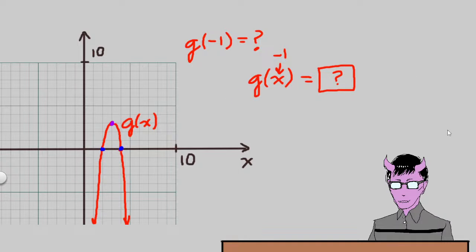Well, here is another side of the situation. If I had instead asked you, what is g of positive 2, this question is actually very easy as long as you know how to read your graph. So if I'm asking you, what is the value of g of 2? It's just function tracing. Creep along your x-axis, because this is the x input.